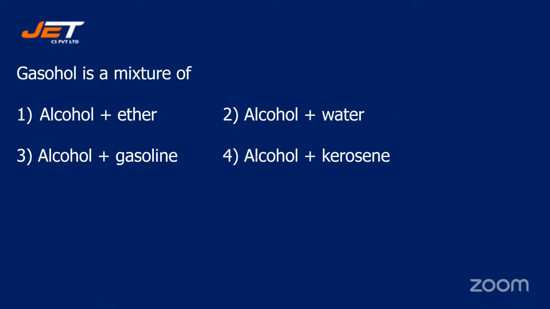Gasol is a mixture of, and your options are number 1, alcohol plus ether, option number 2, alcohol plus water, option number 3, alcohol plus gasoline, or option number 4, alcohol plus kerosene?